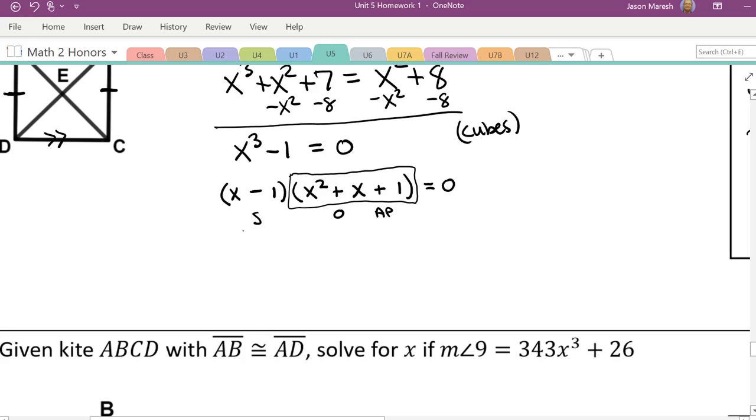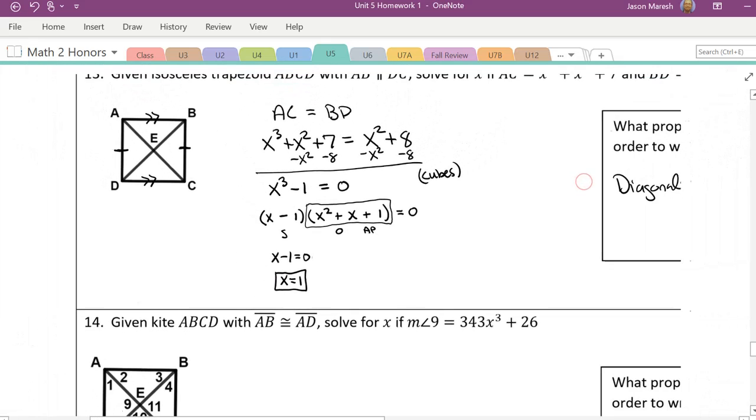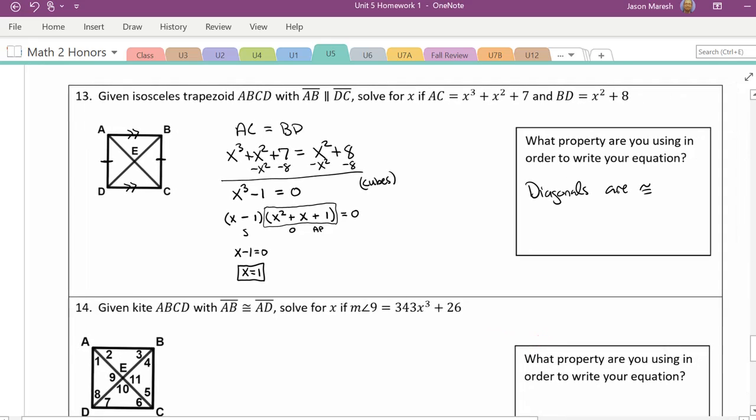There will be a way to solve that using a different method that we haven't learned, but up to this point, just know if you're factoring a difference or a sum of cubes, the trinomial part you'll just leave alone, and you take the binomial part, the 2-term part, x minus 1, set that equal to 0, and you just get one answer. And that's only true for the cubes.